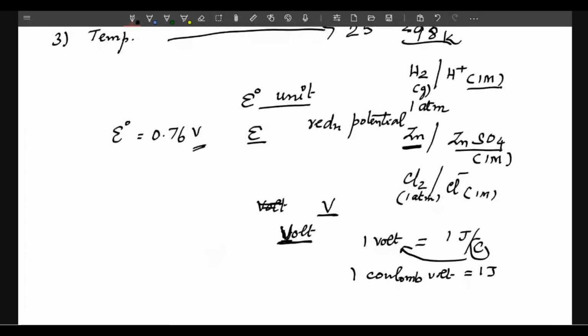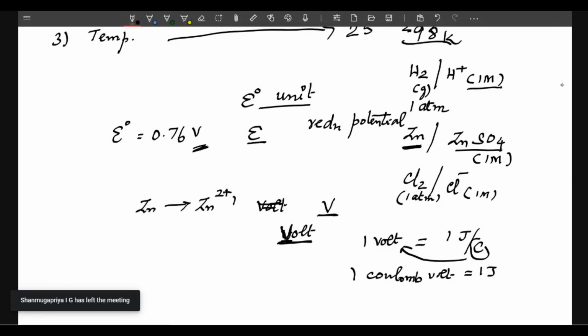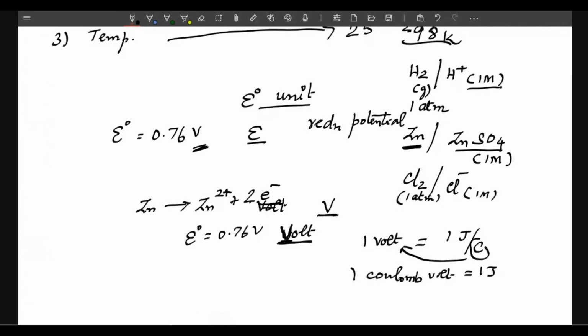For one charge, this volt is represented. That is, for the release of one electron only. But the equation involves zinc giving zinc 2 plus and 2 electrons. What is the epsilon value? It is given as 0.76. What does that mean? The electrode potential value is 0.76 volt per release of one electron only.